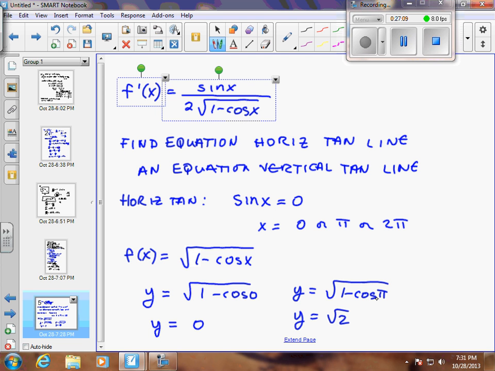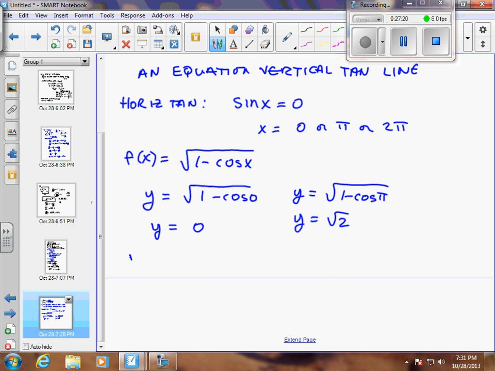Okay? So for the vertical tangent line, how do we find those, you said? Set the denominator equal to 0. So I'm going to label this vertical tangent line.